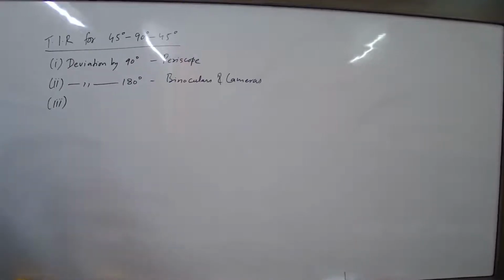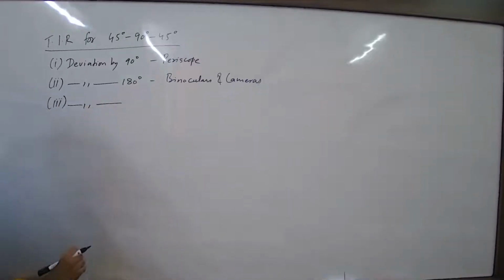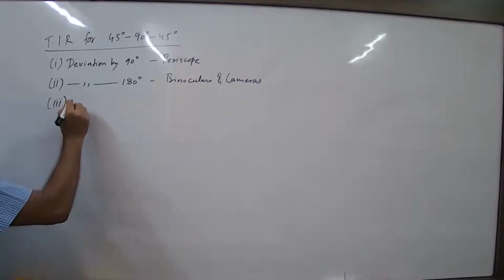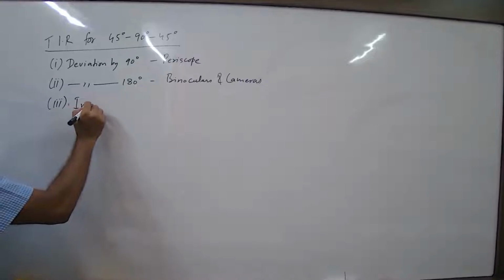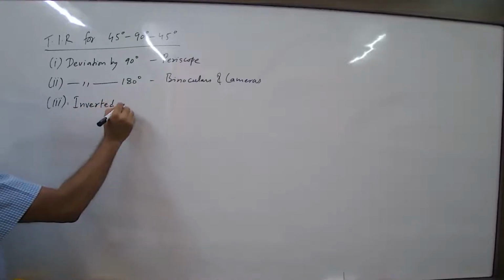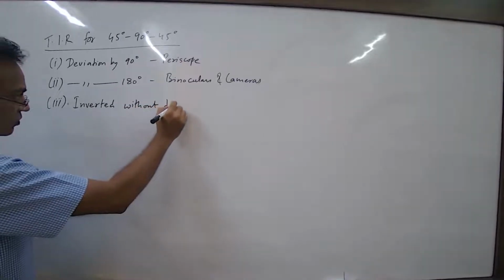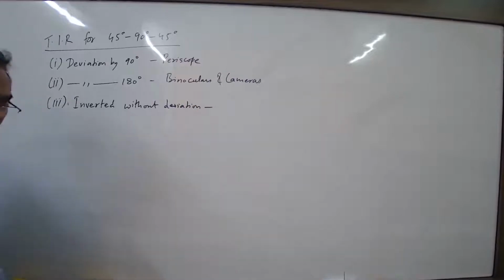And the last one was no deviation, so the inverted image without deviation. So where is it used?